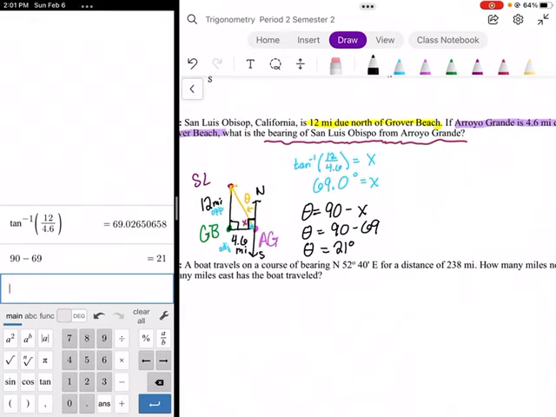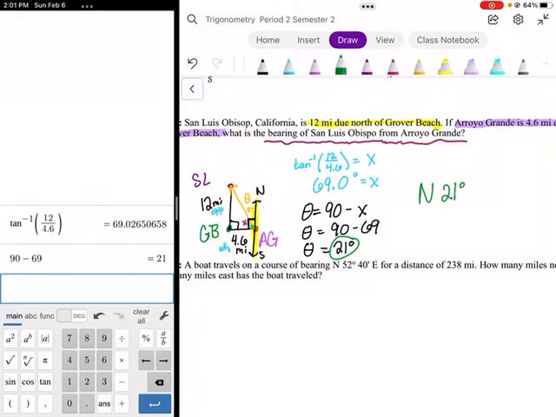Looking from our north-south line, it is on the north part, so our answer is going to start with north. Then we put the angle we found, which is 21 degrees. And then east or west: remember, east is going to the right, west is going to the left. In this one, we went west. And that is how you would write your answers working with bearings.